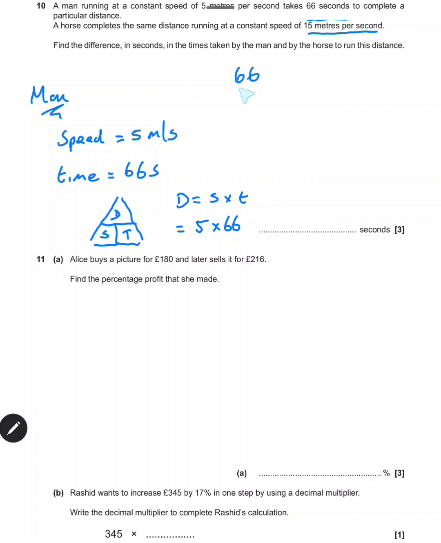I've got 66 multiplied by 5. 5 times 6 is 30. 5 times 6 is 30. Add on that 3, 33. And then don't forget to bring that 3 down. So my distance is 330 meters.